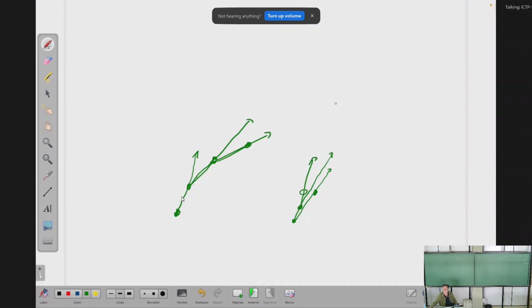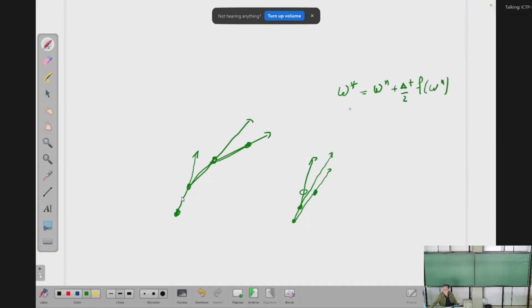So the algorithm is, first I go to a point W star, which is Wn plus delta t over 2 times f of Wn.